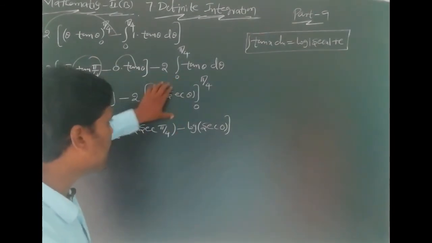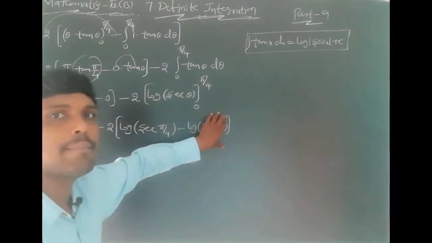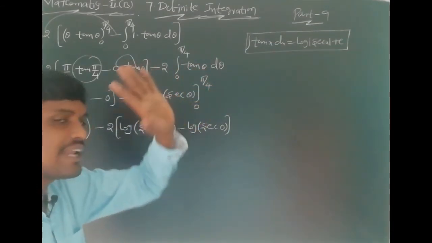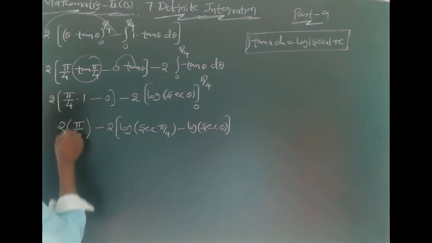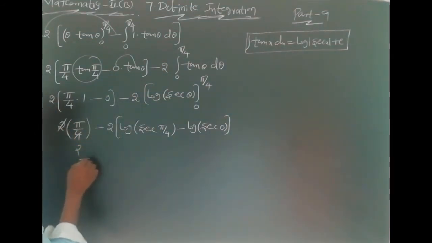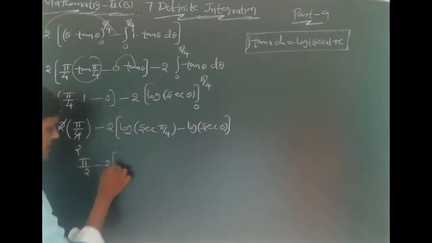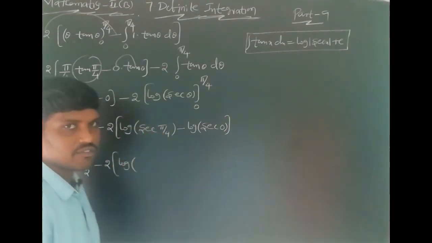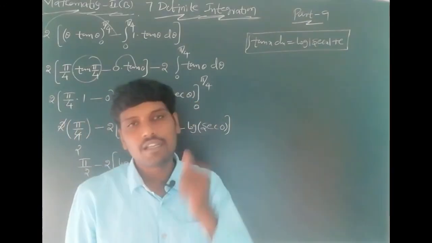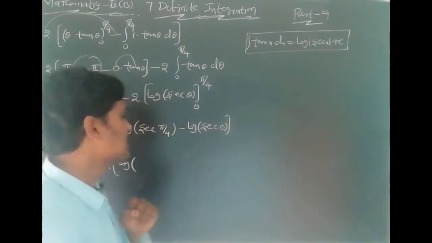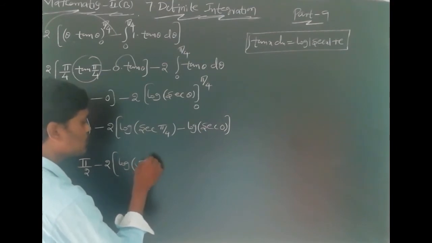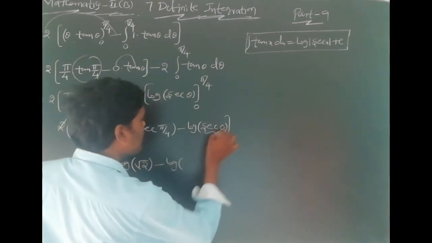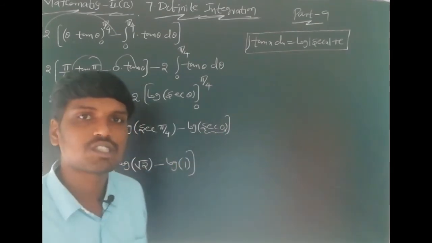First you write upper limit minus lower limit. In place of theta you write pi by 4, in place of theta you write 0. After that 2 ones are 2, pi by 2 minus 2 into log of secant 45. Pi by 4 nothing but 45 degree. Secant 45 is root 2. Correct or not, students? Minus log of secant 0, secant 0 value is 1.